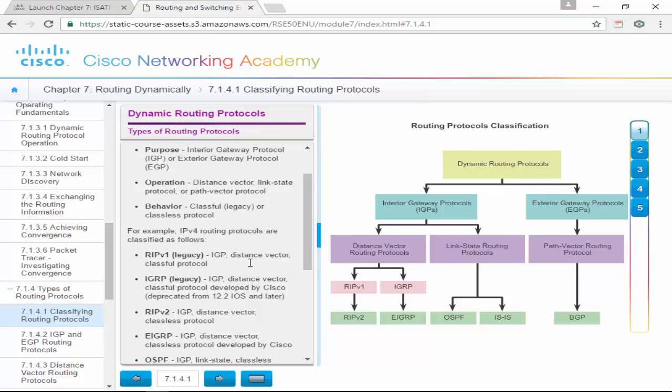So we have two primary types, right? IGPs and EGPs. Exterior gateway protocols, which is funny that they have EGPs because there's only one EGP. And then IGPs, interior gateway. Before CCNA2, we never studied EGP at all.